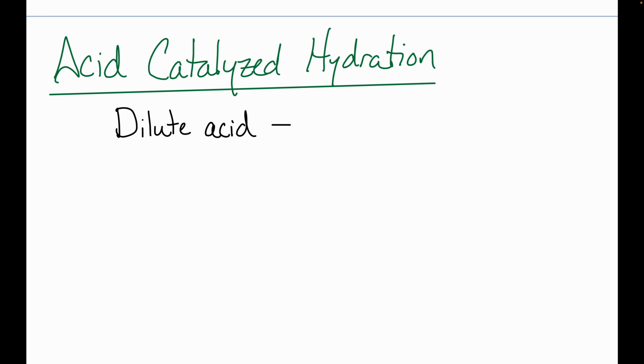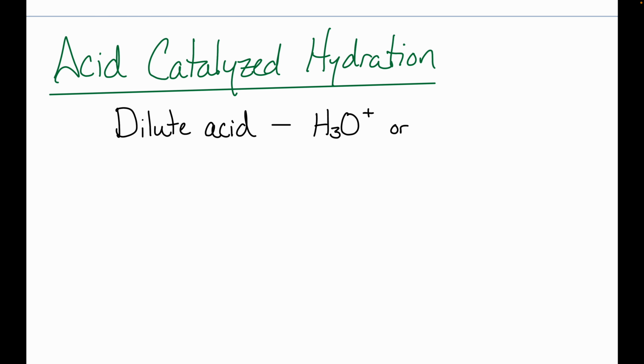You'll see these dilute acids represented in one of 2 ways. One is they just simply put down hydronium. Right? Remember, when you add an acid to water, you form hydronium ions. So they turn out to be the active sort of species in that reaction mixture.